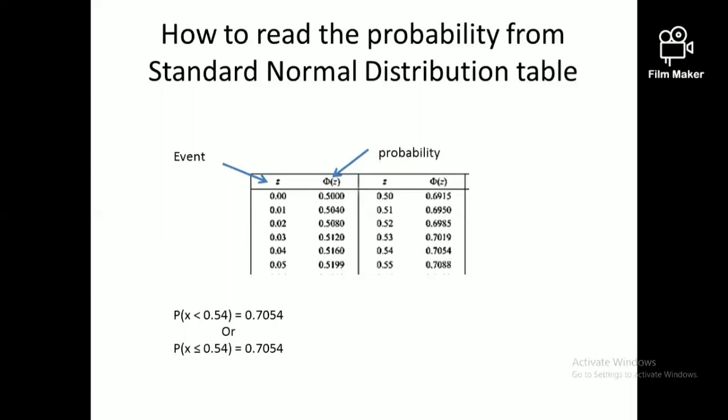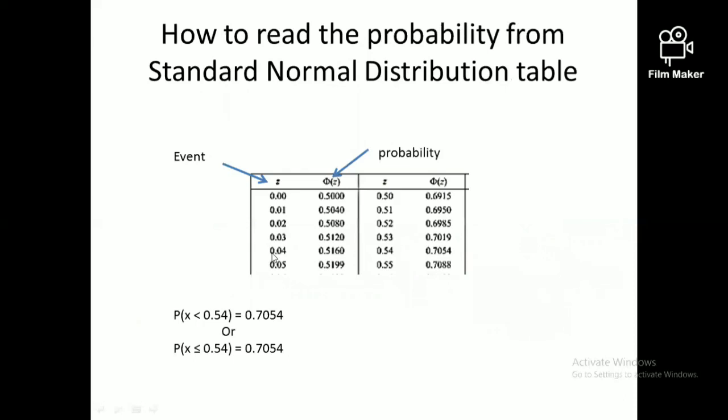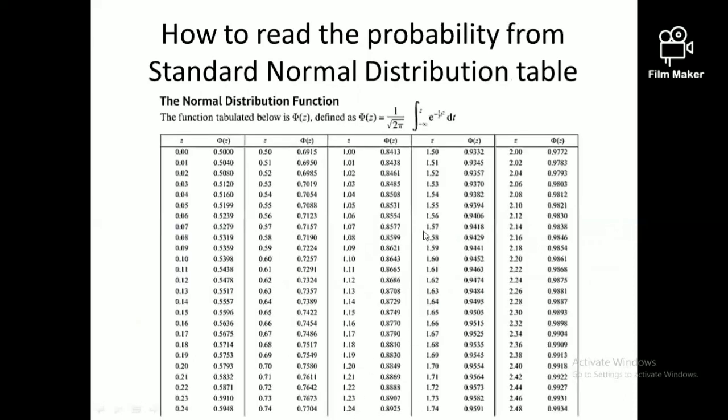Now let's see how to read out this table, right? The first case is to use the normal distribution table to find the value for the probability of X is less than 1.54. So you can go ahead with 1.54 in this table. What is that value? 0.9382.